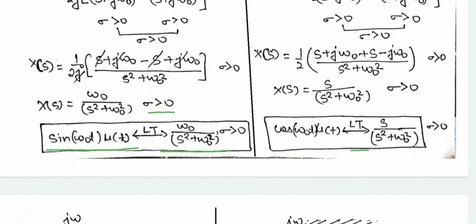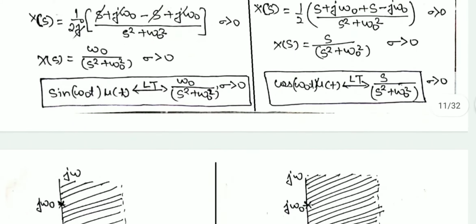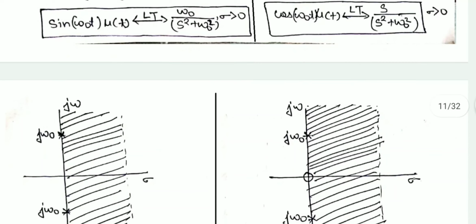Same case here. The Laplace transform of cos omega t u(t) is s upon s square plus omega square, and sigma is greater than 0. When we plot the ROC of the signal for the sine case, as we know, there are two poles but no zero.